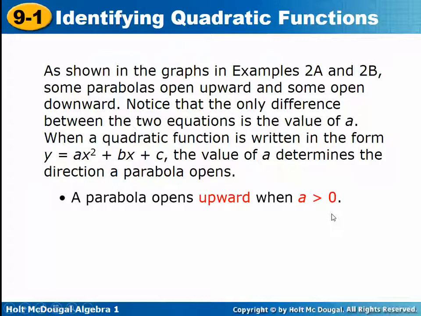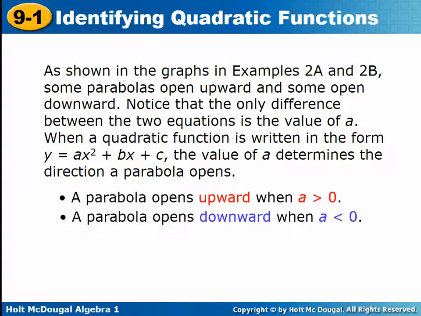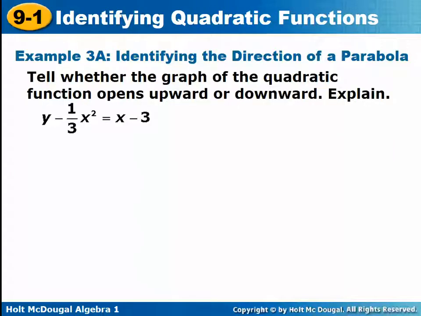So whenever the first term in front of the x squared is positive, then it is going to open upward. Whenever it's negative in front, then it'll open downward. So the next few problems, you just have to say whether they open upward or downward. However, you can see like in this one, sometimes they're not y equals right away.